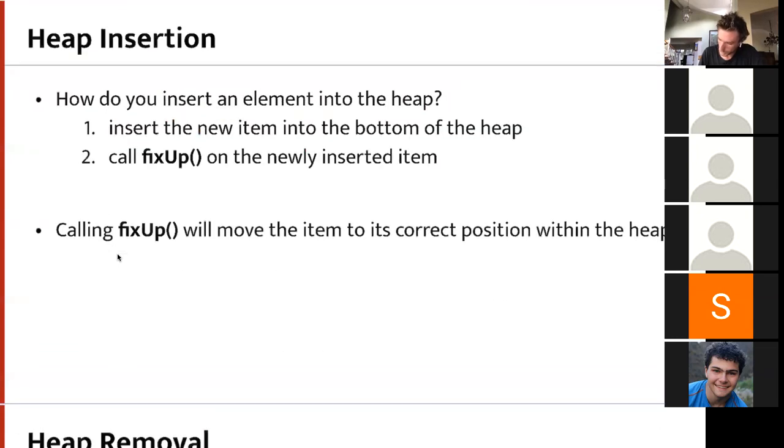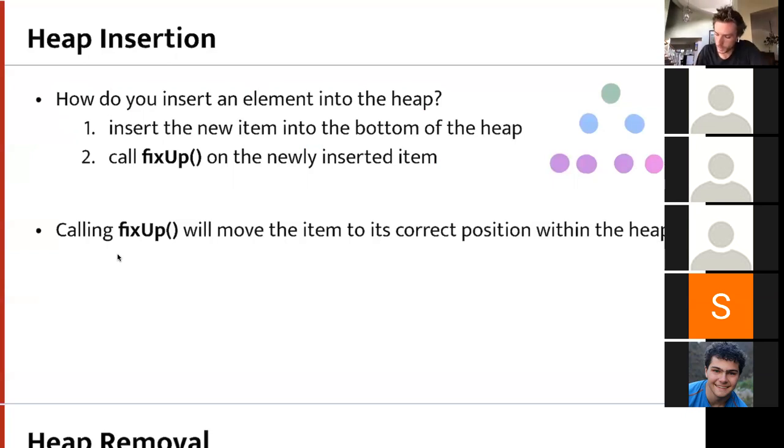Great. All right. So heap insertion, another thing that you'll be doing on the project. Let's say we already have a heap, and we're going to insert this last node over here.